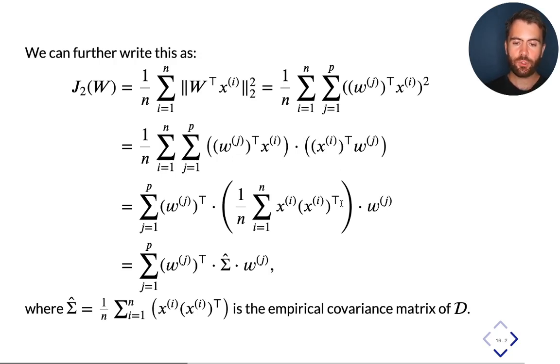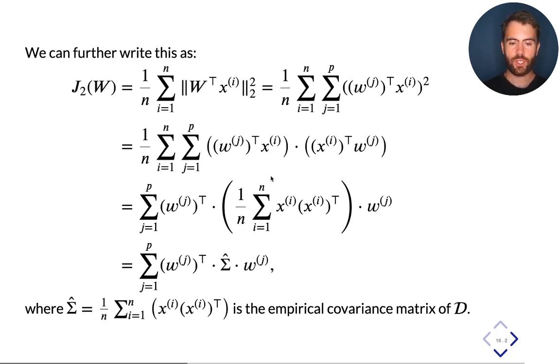And now in the third line, all I'm doing is rearranging some terms and switching the order of summation. I can take the outer summation and bring it inside, since it only applies to these vectors.